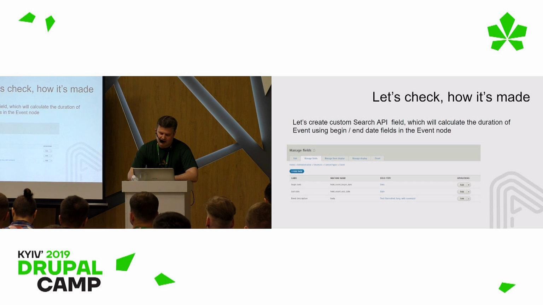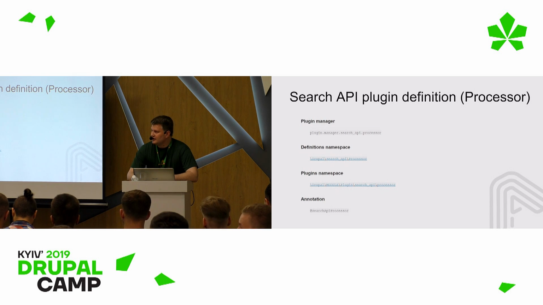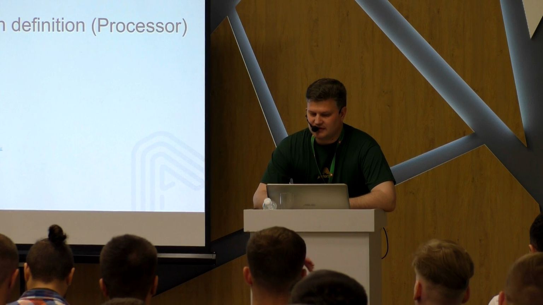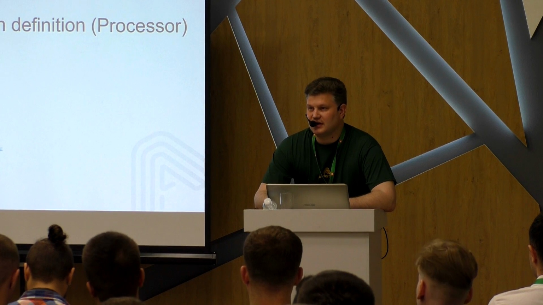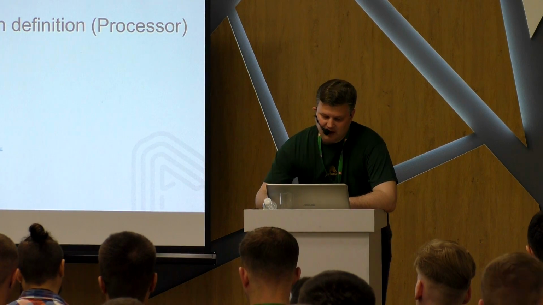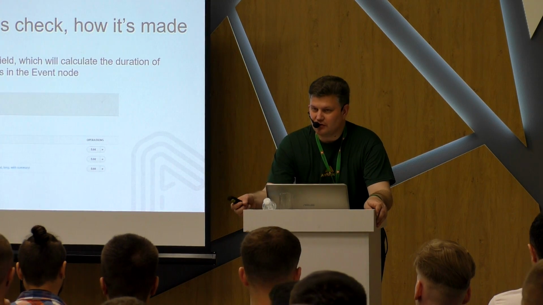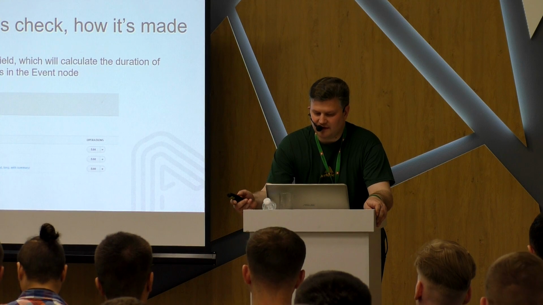It's a node. It contains three fields: begin date, end date, and event description. And let's check how we can create a Search API plugin for a custom field, to implement this feature, for automatic calculation of the duration of the event.